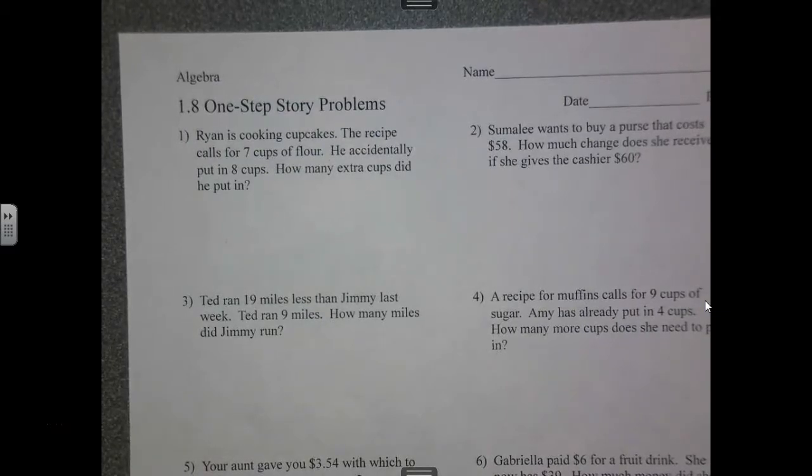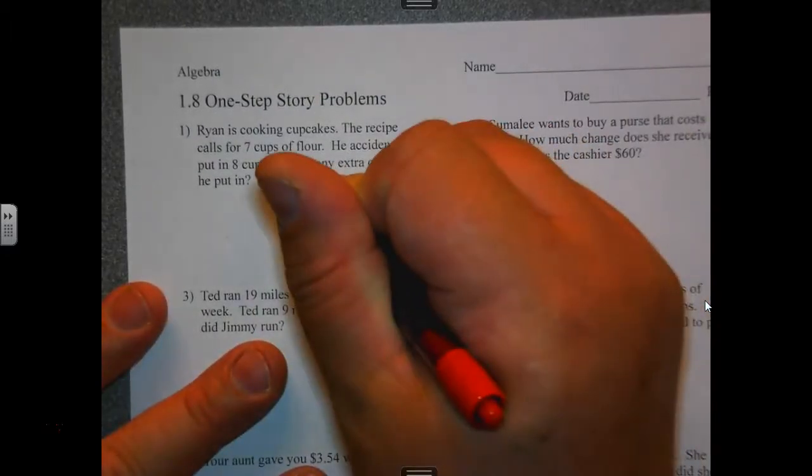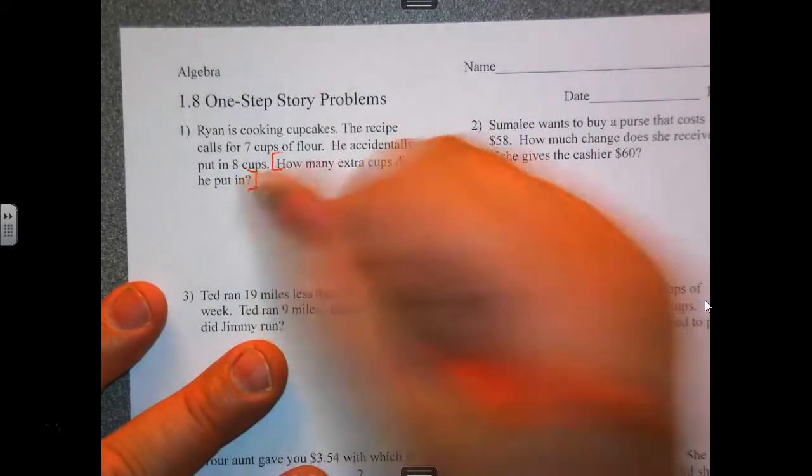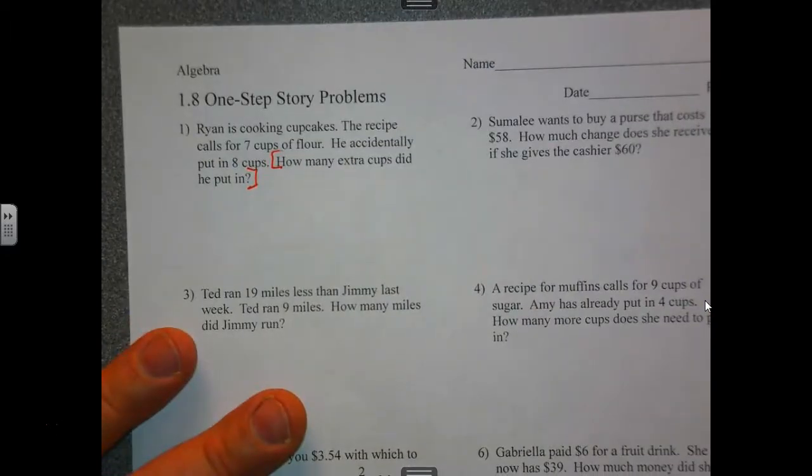For example, number 1, Ryan is cooking cupcakes. The recipe calls for 7 cups of flour. He accidentally put in 8 cups. How many extra cups did he put in? Okay. So now, 90% of the time, your x is going to be in the question, your variable.